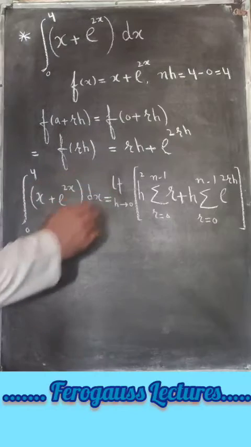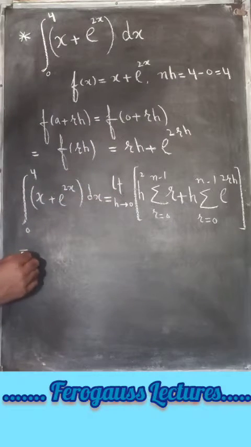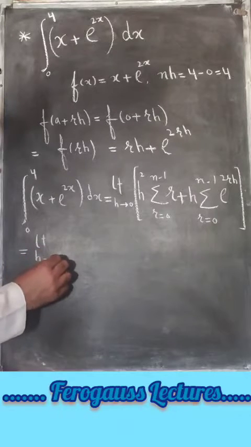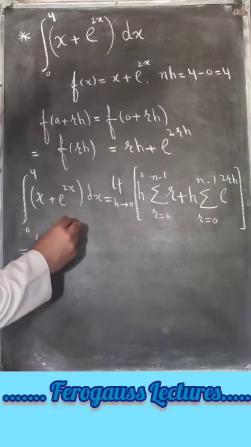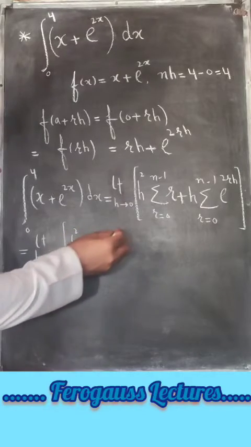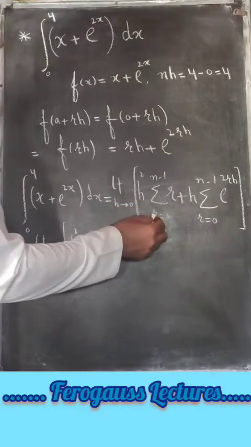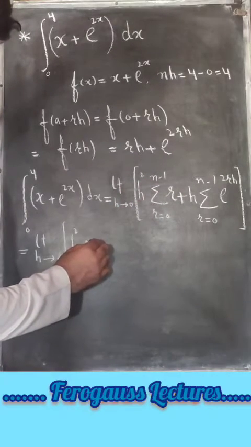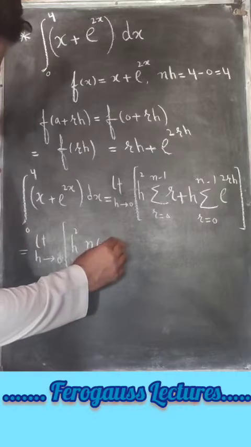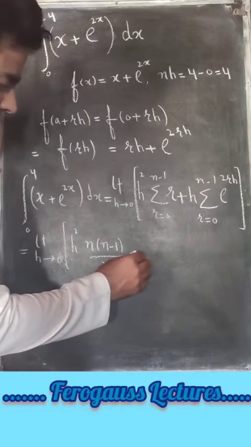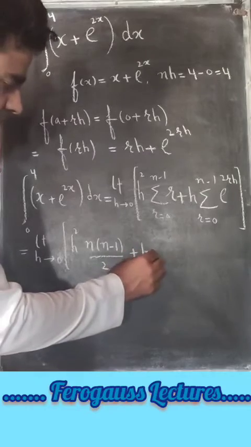Now this is further equal to limit h tends to 0, h square times summation of r, which is n into n minus 1 divided by 2. Then we have plus h.